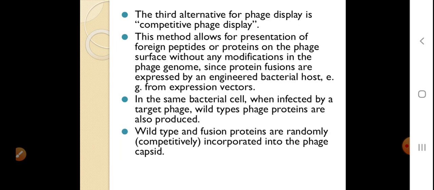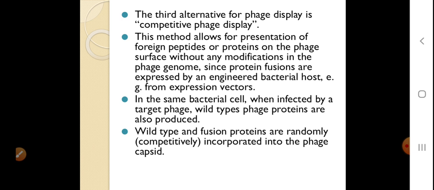Now the third approach is competitive phage display. This method allows for presentation of foreign peptides or proteins on the phage surface, again without any modification in the phage genome, right? You are not changing any of the phage genome. You are allowing the peptide to be just expressed.